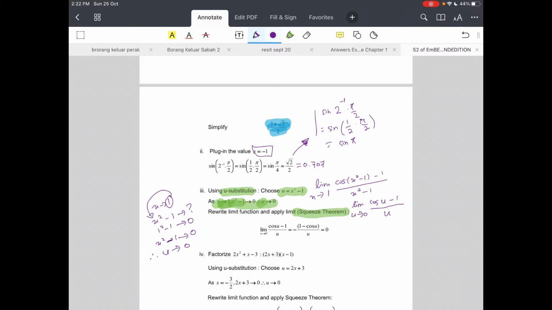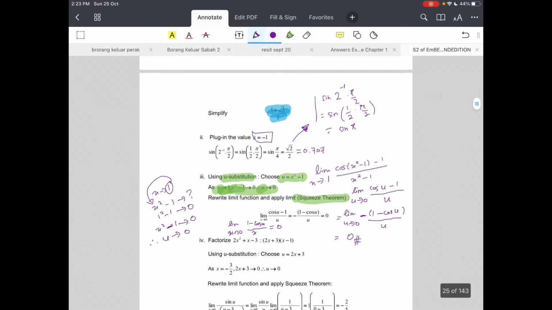We just plug in u here, and since we want to apply the squeeze theorem, which is the limit as x approaches 0 of 1 minus cos x over x, and now we have cos u minus 1, we need to rearrange it to become the same by putting a negative in front. So minus, 1 minus cos u divided by u. Since this squeeze theorem limit equals 0, we obtain our final answer as 0.